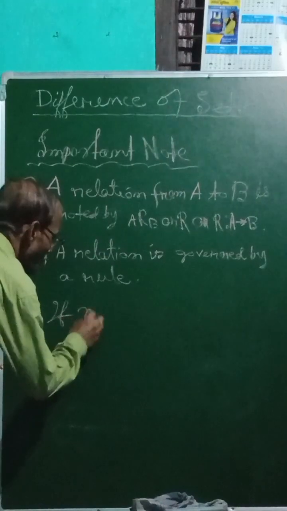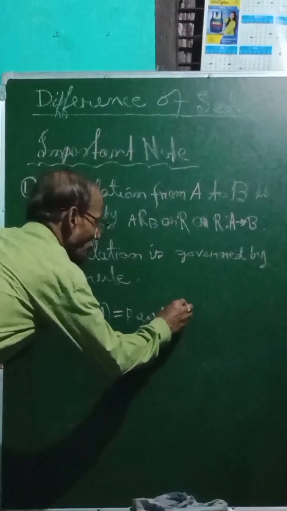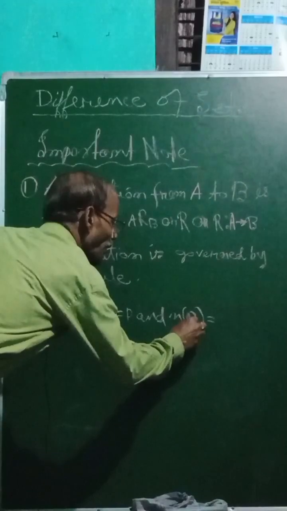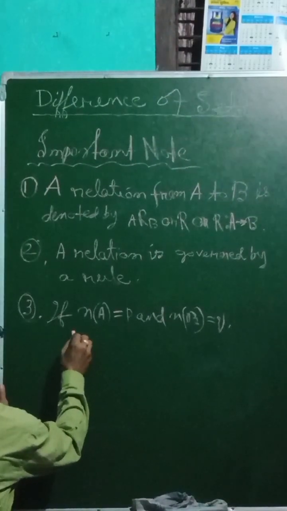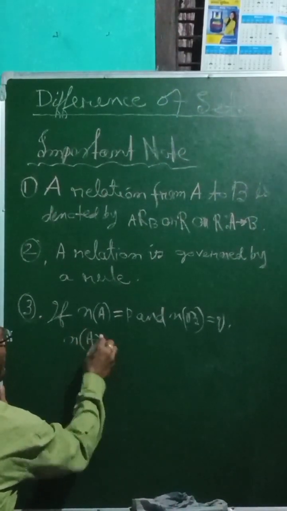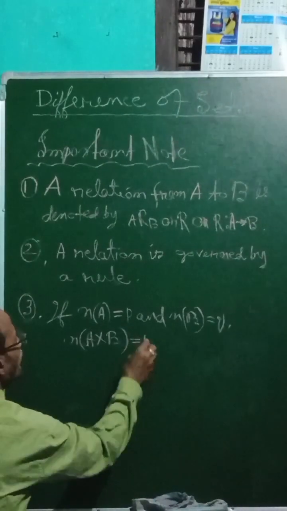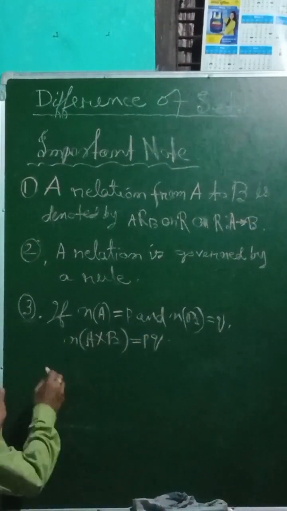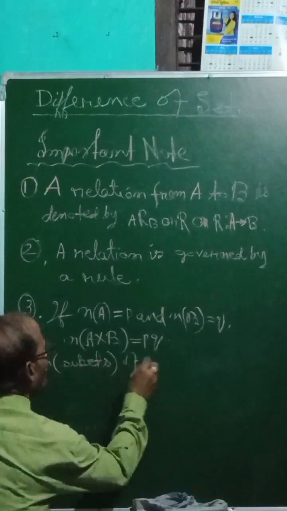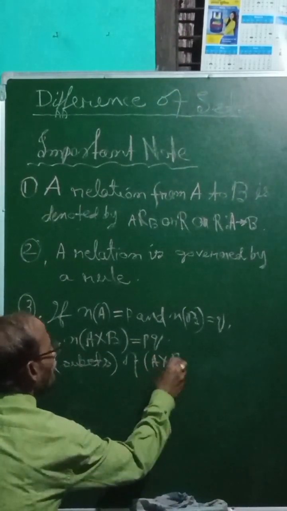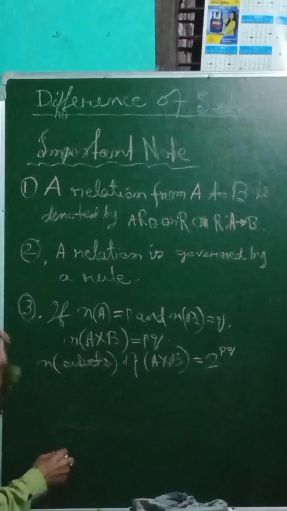Number three, if the number of elements in A is equal to P and the number of elements in B is equal to Q, then the number of elements in A cross B, the total elements, is equal to PQ, and the number of subsets of A cross B is equal to 2 to the power PQ. You remember that you have got there.